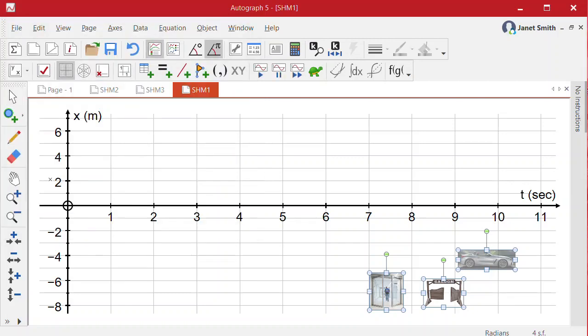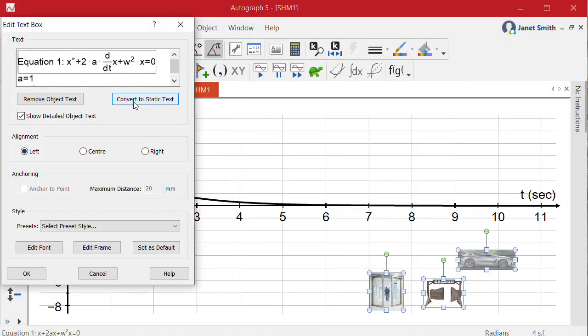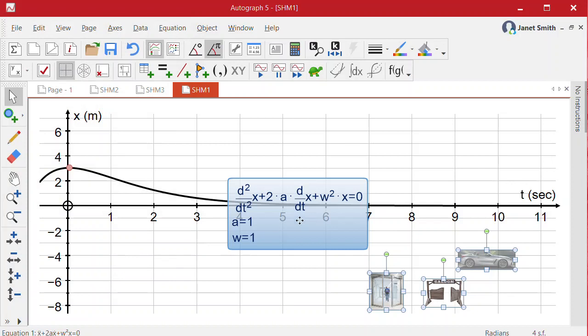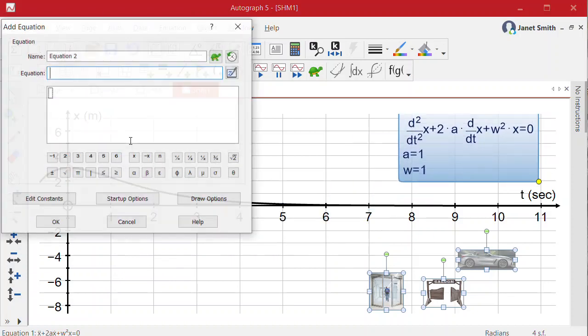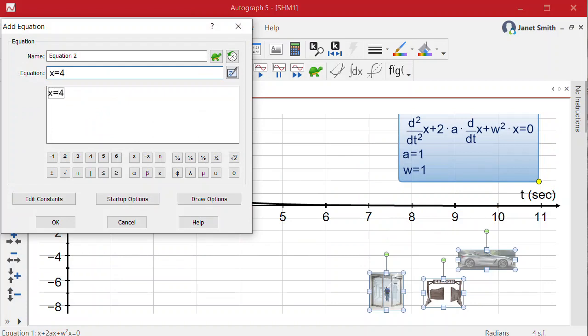And again, if we have 0, 3 as our starting position, I'm going to use my text box to display that equation. I'll take away equation 1, so I've got less on the screen. That's my equation. I'm also going to put in the discriminant, which is 4a squared minus omega squared.